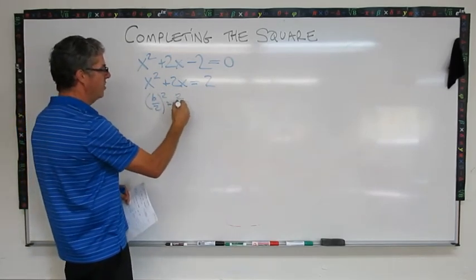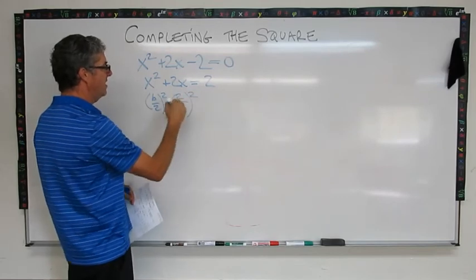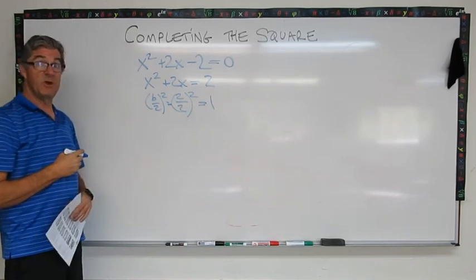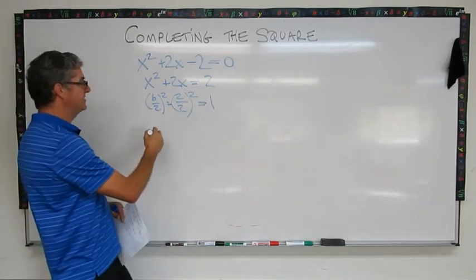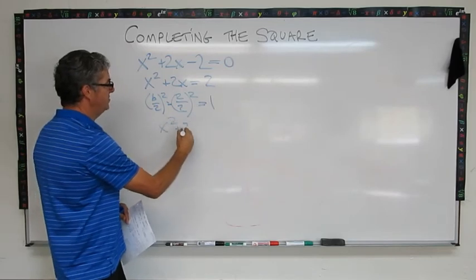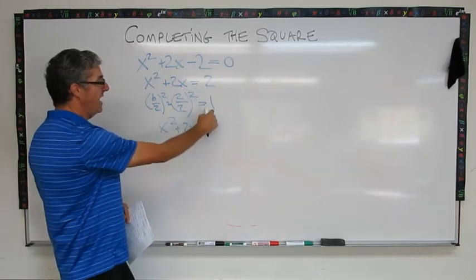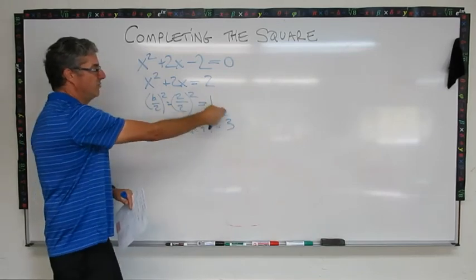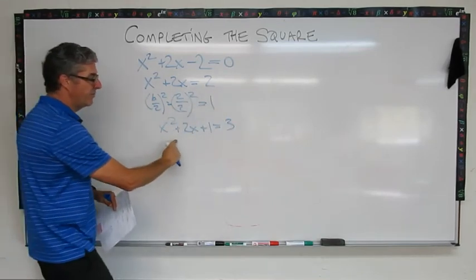It's going to be 2 over 2 squared. That's 1. Squared, it's still 1. So our b over 2 squared is just a 1. That makes this super simple. X squared plus 2x plus 1, I'm adding the 1 to both sides, equals 3. 2 and 1 makes the 3. This is a perfect square.